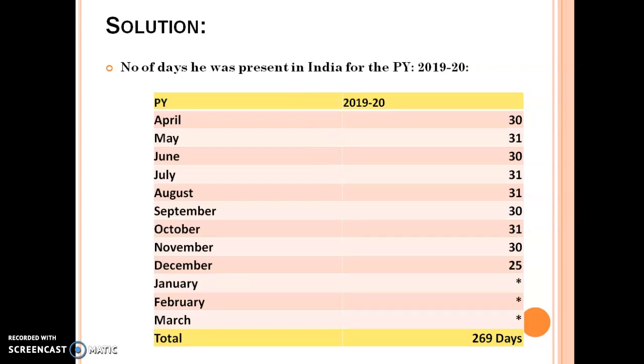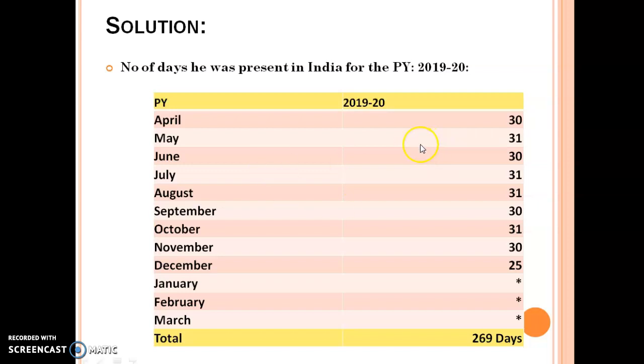So we have to calculate the days he was in India from 1st April to 25th December, as the actual time when he left India was not given in the problem. So 25th December is to be taken as a whole day. So in December he was in India for 25 days.